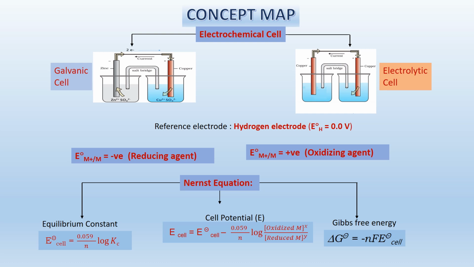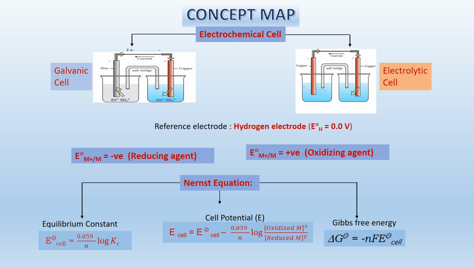The Nernst equation is used to find the cell potential or electrode potential whenever the electrolyte concentration is not equal to 1 molar. If the 1 molar concentration is different, then you can use the Nernst equation to find the cell potential or electrode potential.